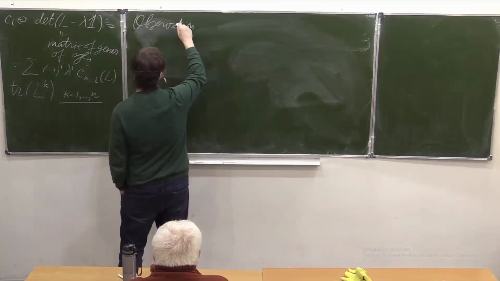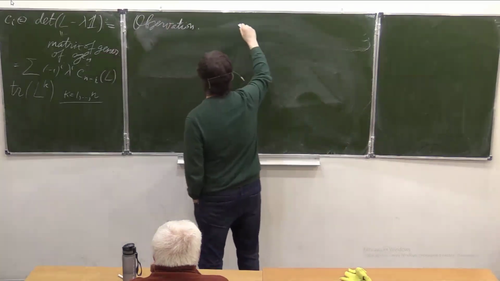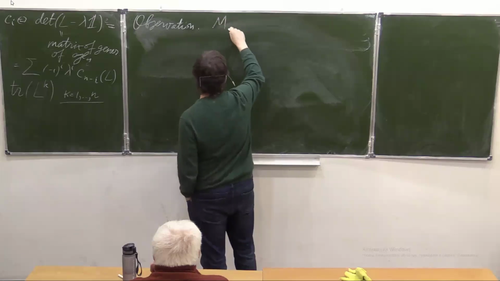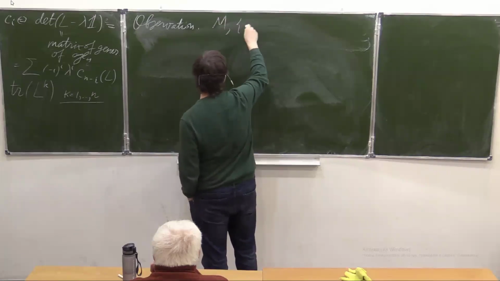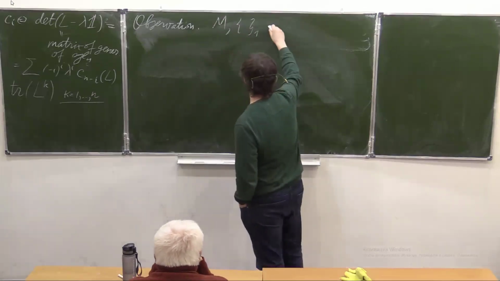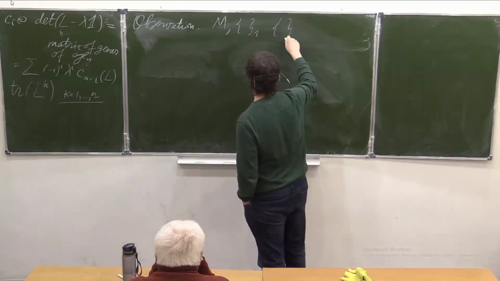Suppose you have a Poisson manifold M, which is equipped not with one, but with two Poisson structures, 0 and 1.